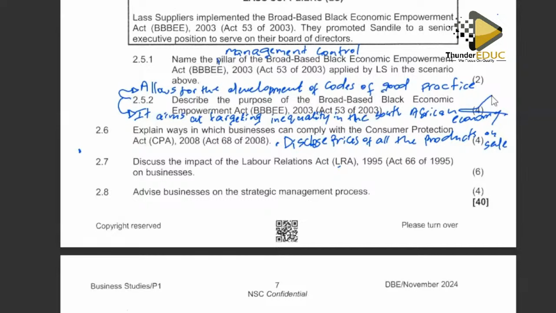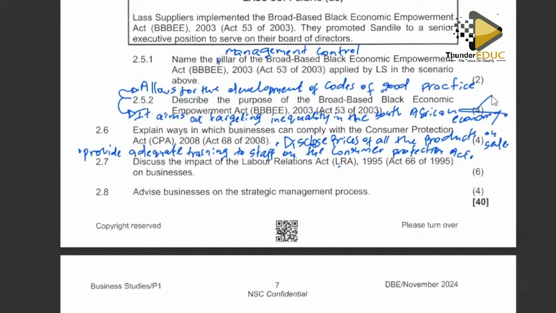And also we are saying that provide adequate training to staff on the Consumer Protection Act.